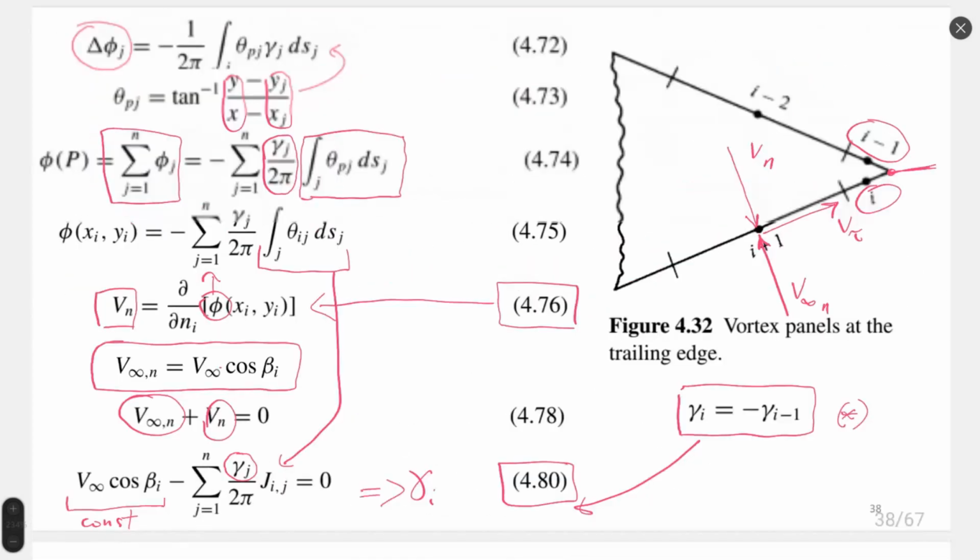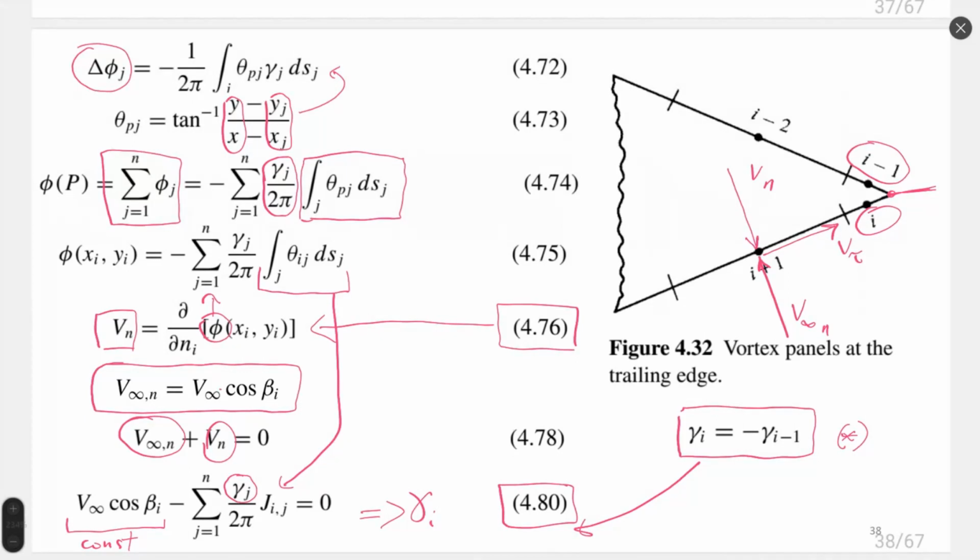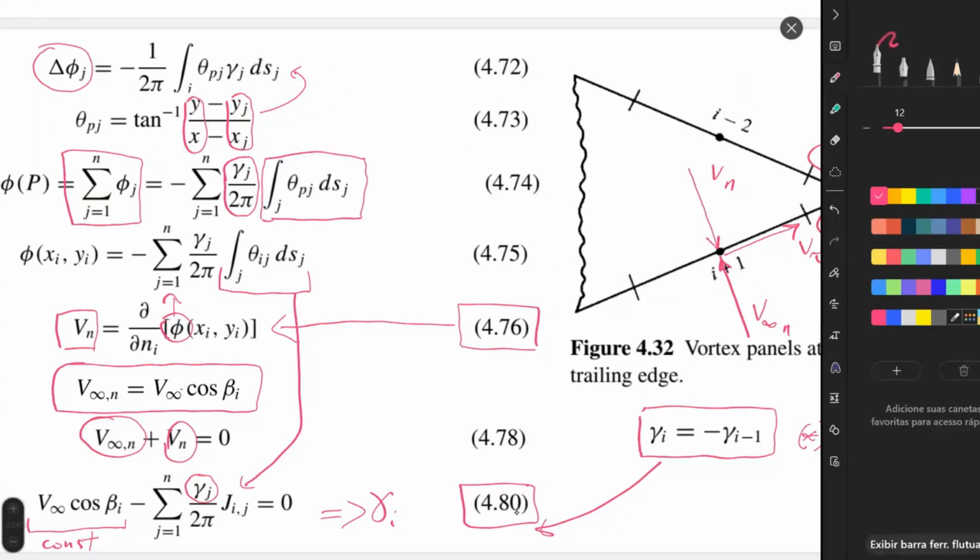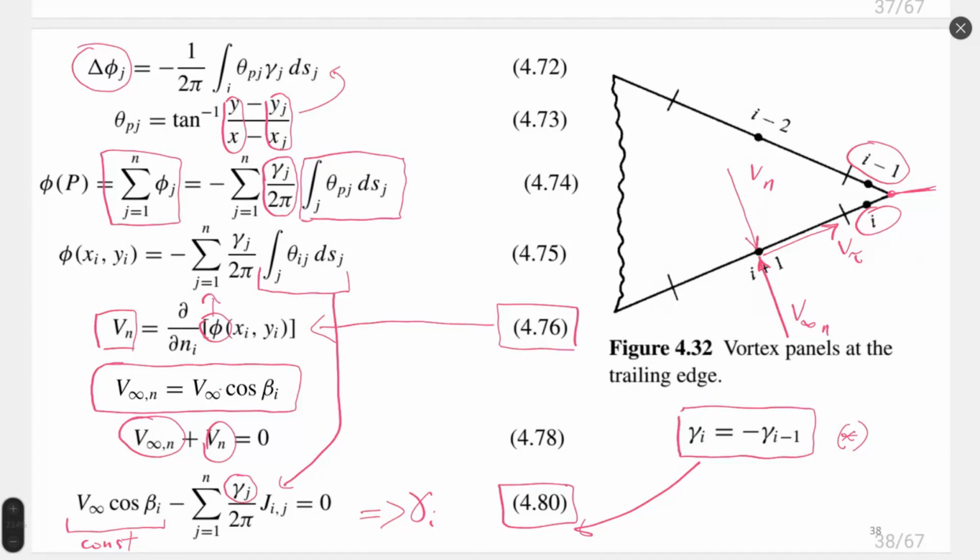we can go back to equation 475. I'll use another color here, and substituting gamma values into equation 475, we obtain the potential function, and as a result, we can obtain velocity components and pressure distribution and pressure coefficient distribution as well, simply by calculating the derivative of this potential function.